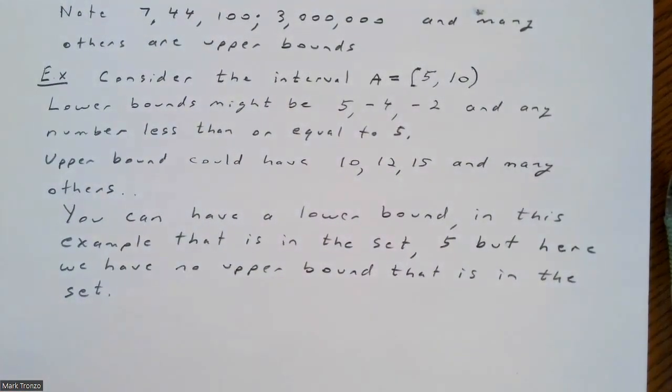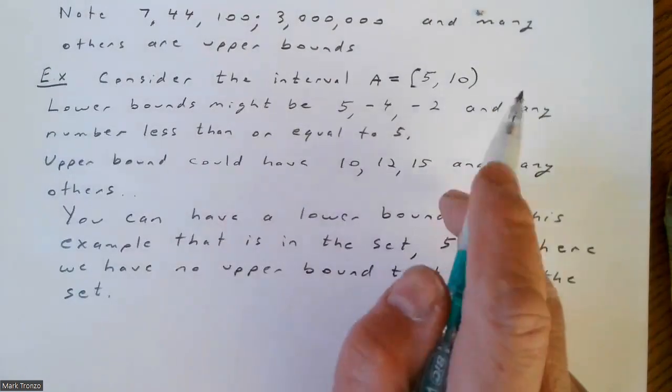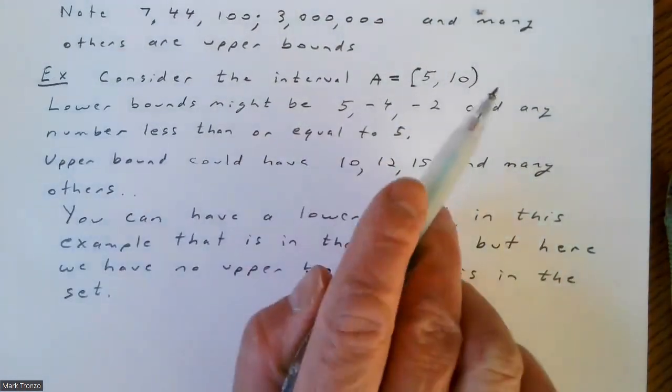Because 10's not in the set, and anything less than 10 is not going to be an upper bound. Yes, the upper bound could be 10, mainly because we're excluded.